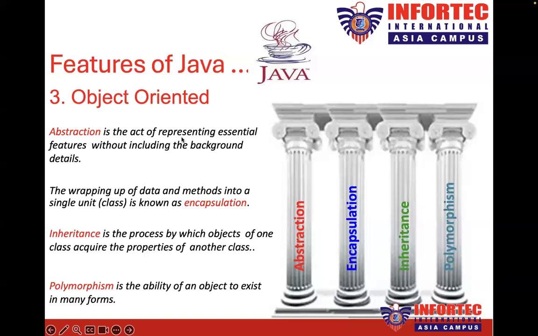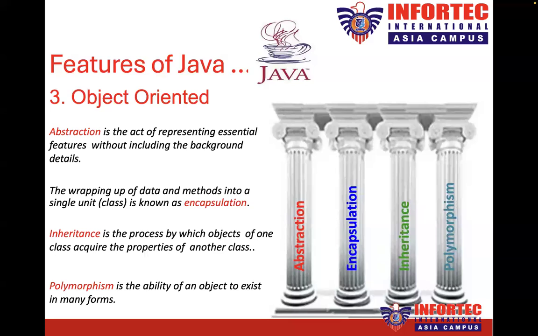Right. So this is the next important feature. I have discussed this in the recorded session, where I deeply discussed these object-oriented concepts. Since Java is an object-oriented programming language, we have these features in Java.